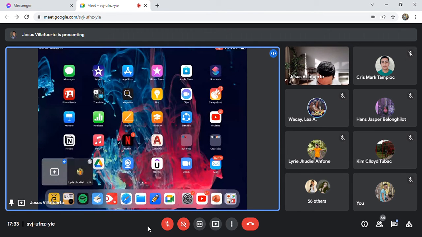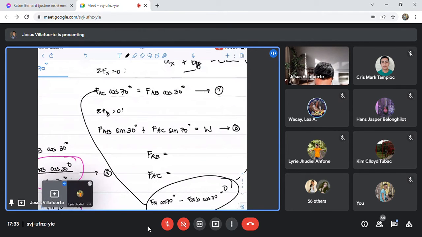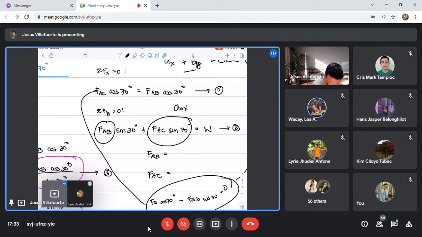Now we're looking at the second equation. What is your A? Your FAC should be consistent. This is your A, AN X, and this is your BN.